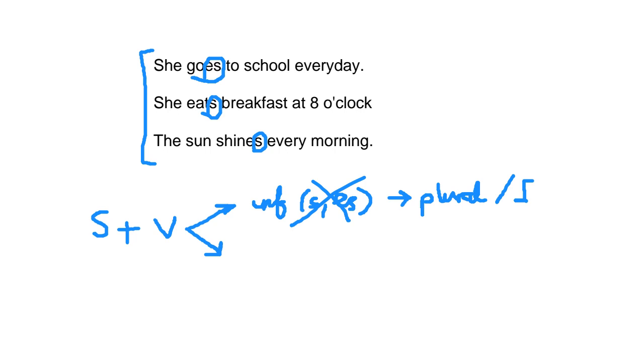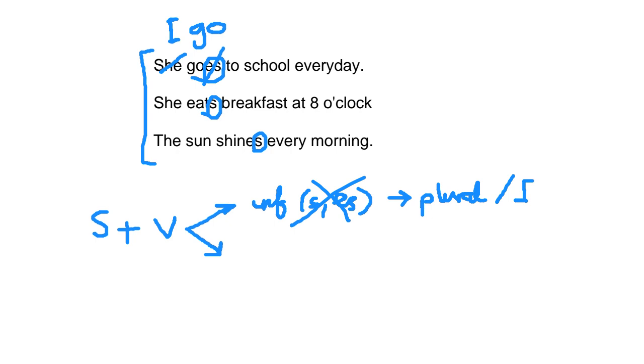For example, if we have I here, it would be what? Go, not goes, with no es here. Or plural, whether plural it is noun or pronoun. Kate and Michael, for example, are they? Are you?